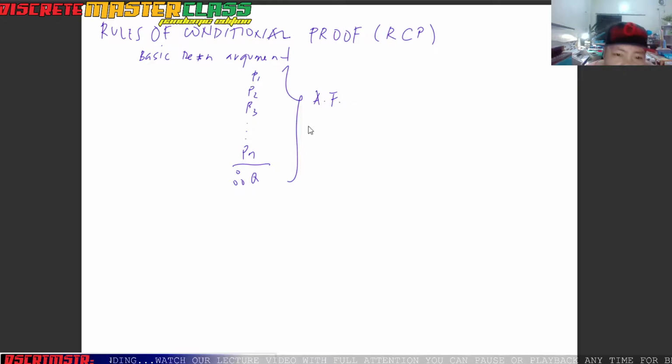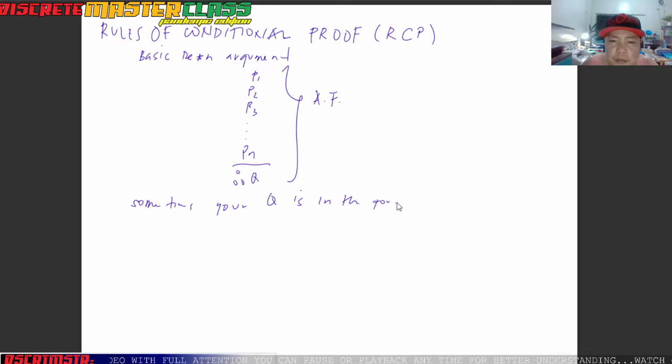Ngayon, sometimes your Q is in the form of implication. And knowing implication, that is also known as conditional statement.